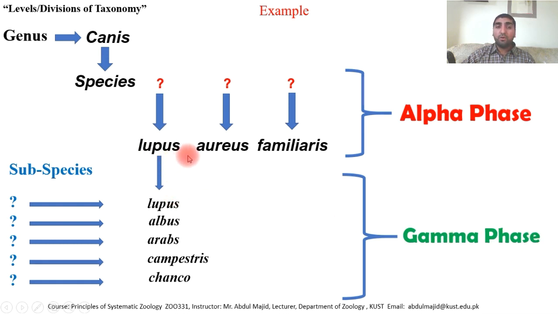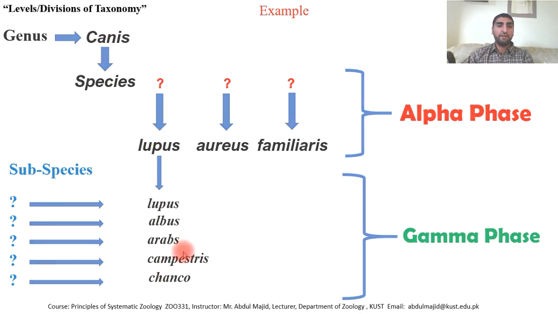Those groups where there are subspecies have a gamma level, and if there are no subspecies, there is no gamma level; there are then only alpha and beta levels. So studying at the subspecies level is gamma phase and this is microtaxonomy. Both alpha phase and gamma phase are microtaxonomy. So now it becomes Canis lupus lupus, Canis lupus albus, Canis lupus arabus, Canis lupus campestris, Canis lupus chanco.